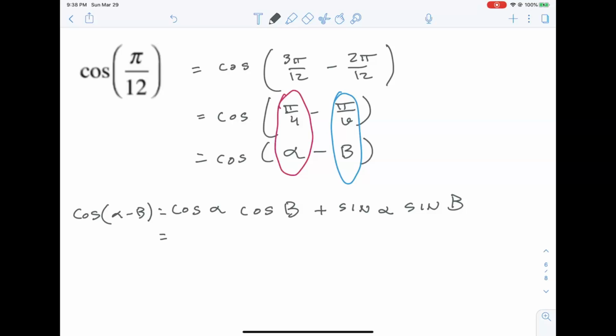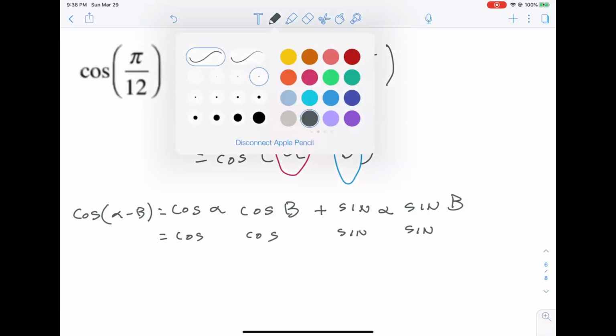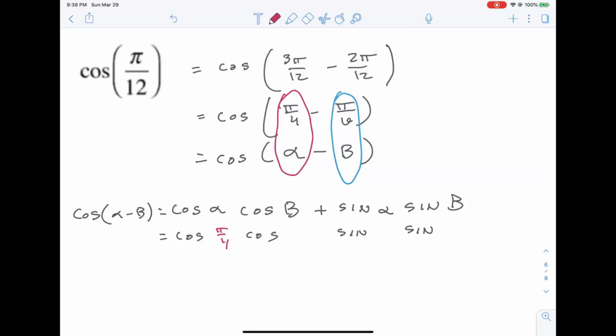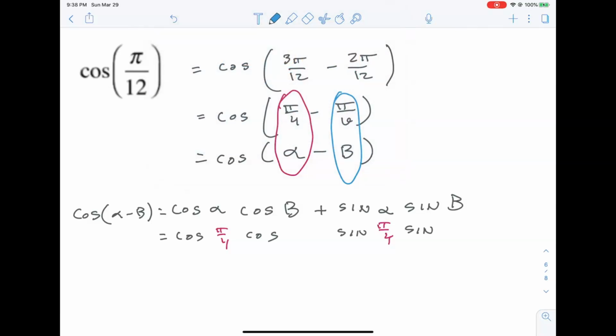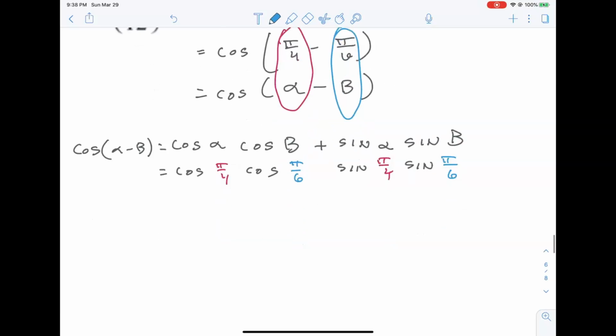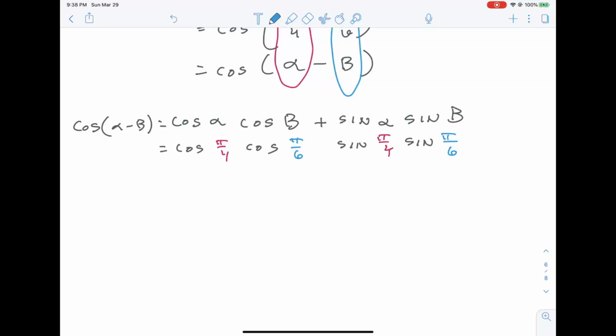In the alpha spot, we're going to write pi over 4. In the beta spot, looks like we got pi over 6. And now we'll use the unit circle to do this out.